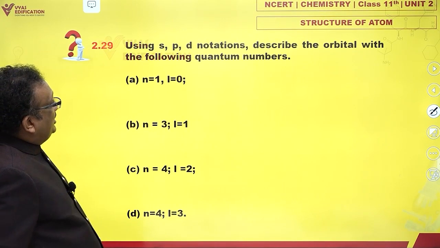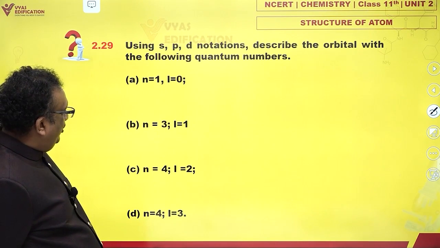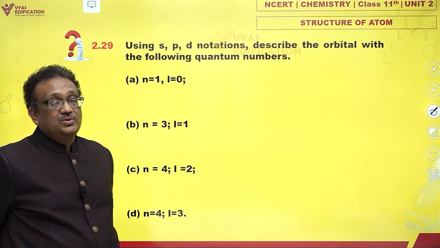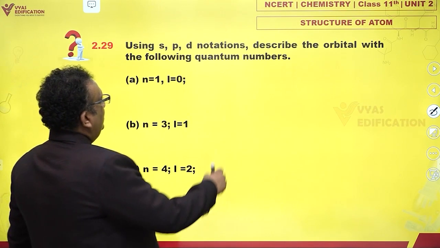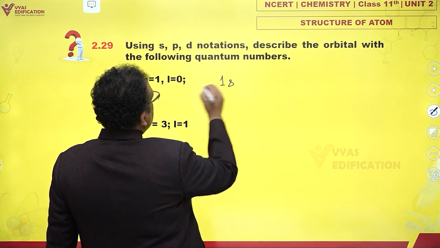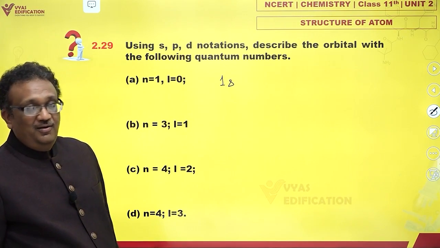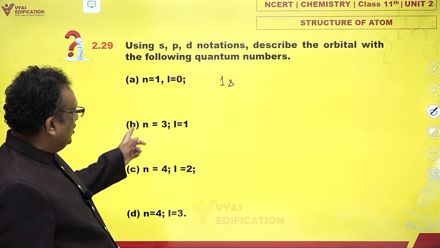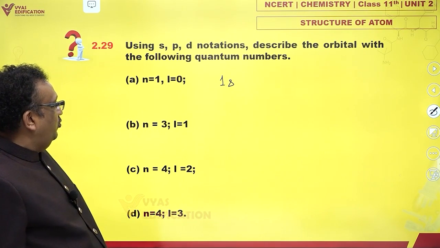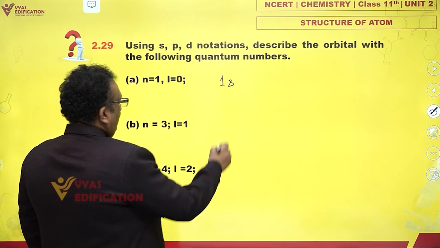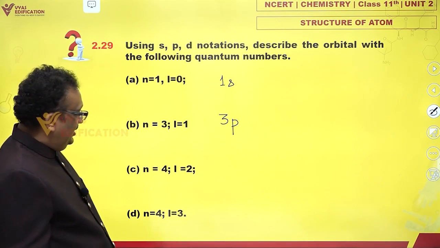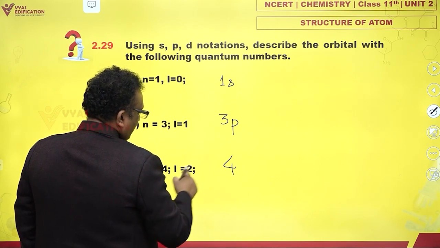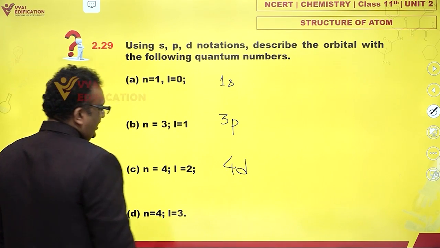Using SPD notations, describe the orbital with the following quantum numbers. n is equal to 1, L is equal to 0 represents 1s orbital. n is equal to 3, L is equal to 1 represents 3p orbital. n is equal to 4, L is equal to 2 is 4d.